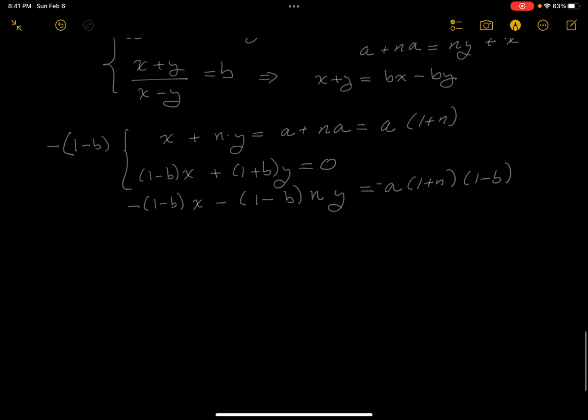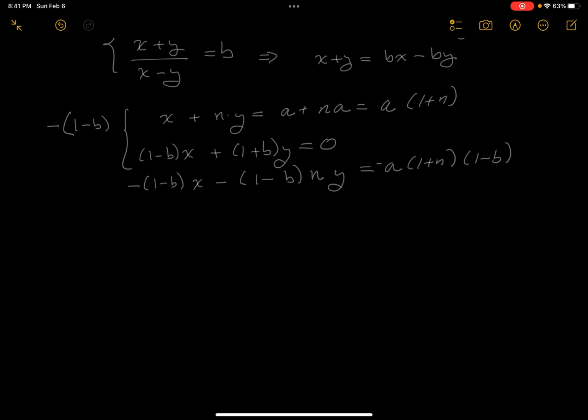All right? So I'm going to add them together, and the x's disappear. Now I got to be somewhat careful about the y. Let me write this down. I'm going to write down y, and then you'd get 1 plus b minus n plus nb.